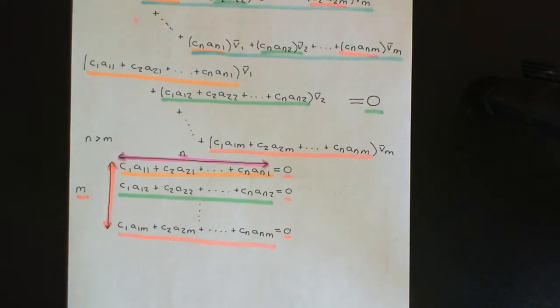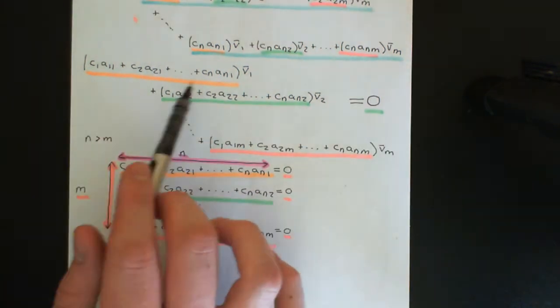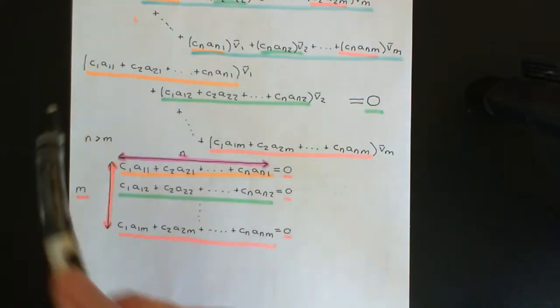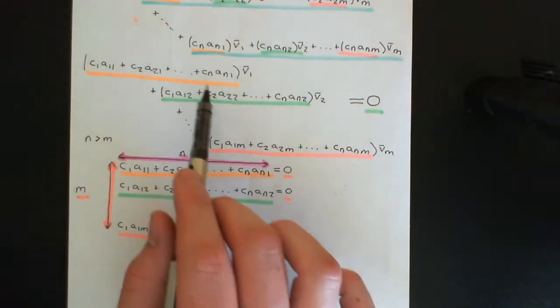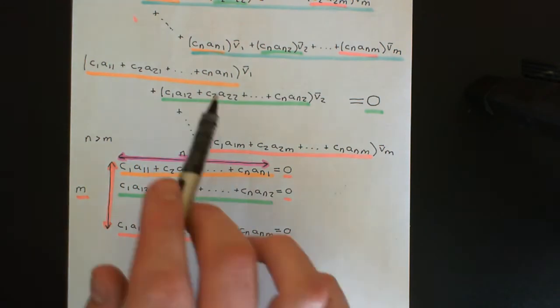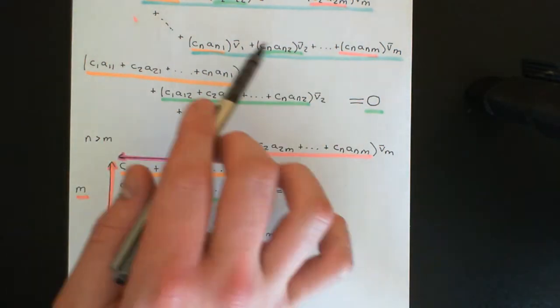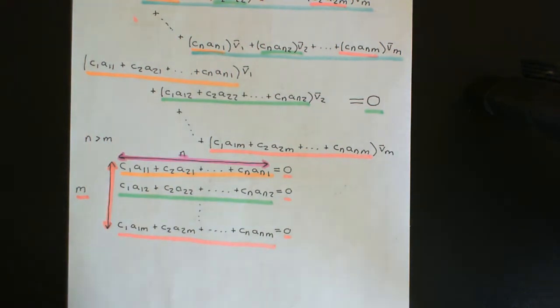Okay, so if we insist that these horrendously complicated coefficients that are in front of the barred vectors, which are elements of the field, are actually all equal to zero in the field, then of course it will be satisfied that this linear combination of v bar 1, v bar 2, all the way up to v bar m will equal the zero vector.